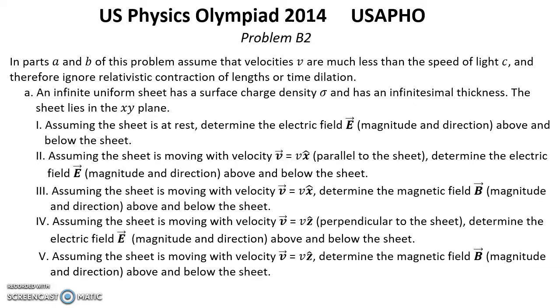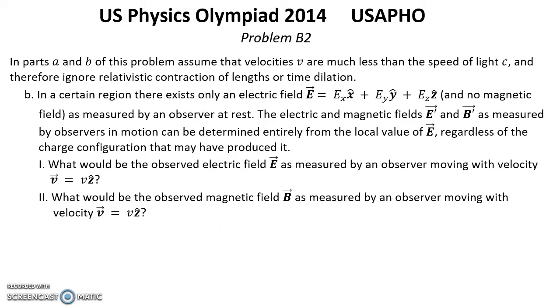Assuming the sheet is moving with velocity v in z direction perpendicular to the sheet, determine the electric field E, magnitude and direction above and below the sheet. Question 5. Assuming the sheet is moving with velocity v in z direction, determine the magnetic field B, magnitude and direction above and below the sheet.